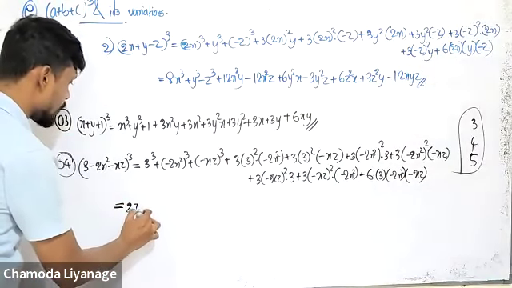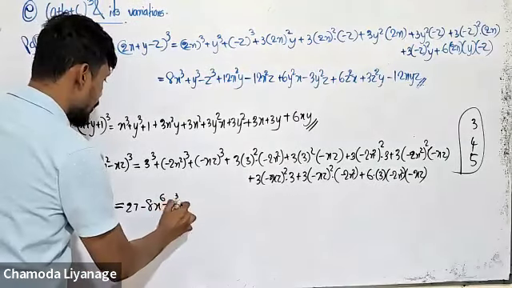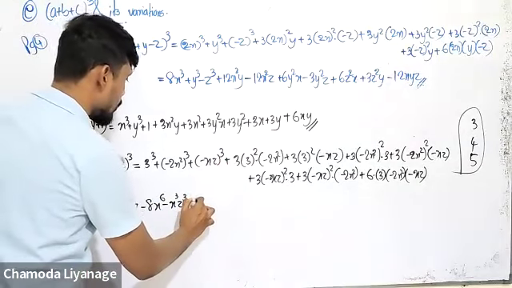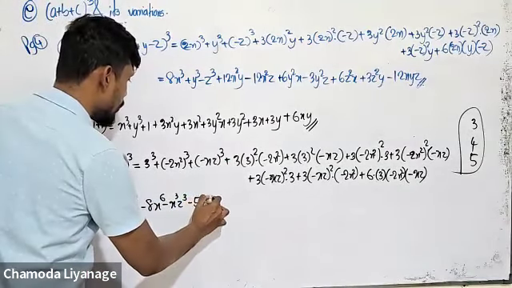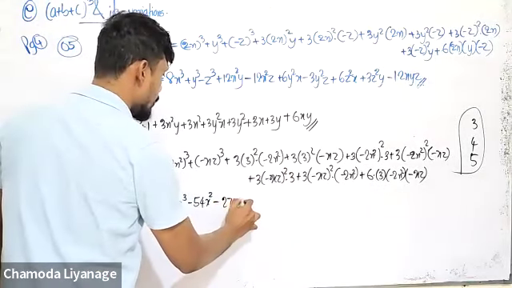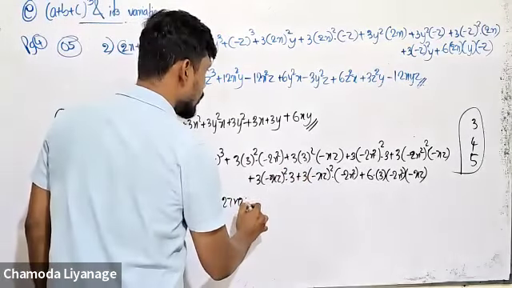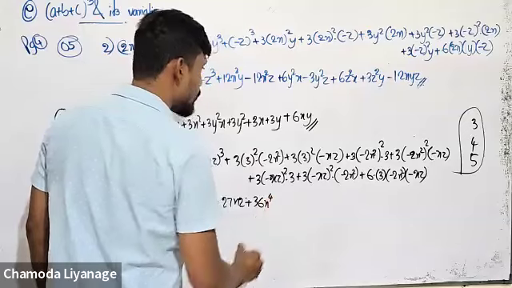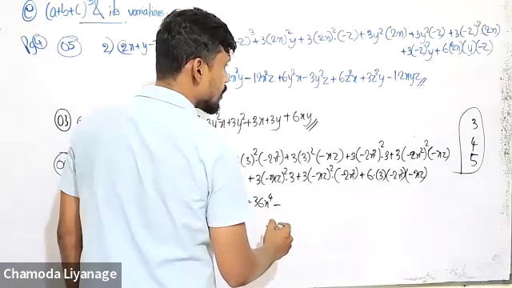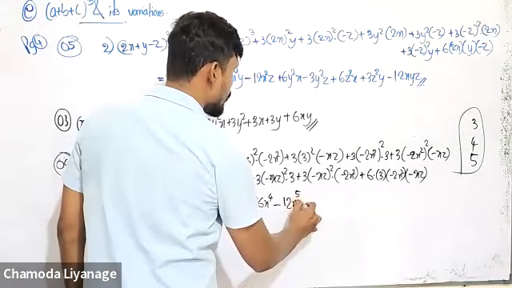3 cube is 27, minus 8 x to the power 6, minus x cube z cube, minus 54 x squared, 27 xz, plus 36 x to the power 4, sign is minus 12 x to the power 5, no?